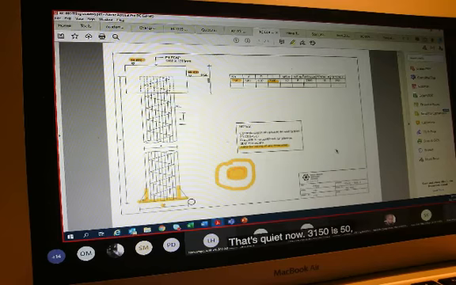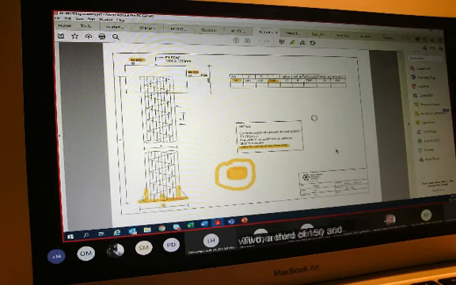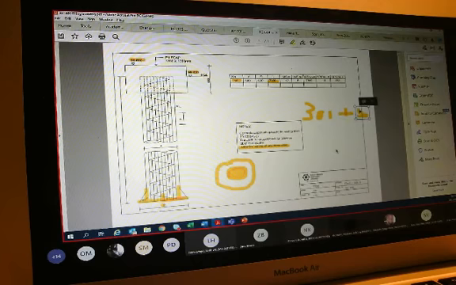So in order for me to determine what that length is, I will say 150. A third of 150 gives me 50. Do you agree with me? Quiet now. A third of 150 is 50.